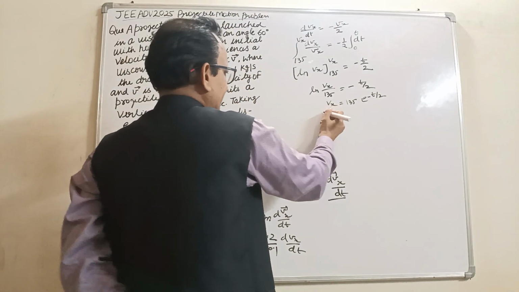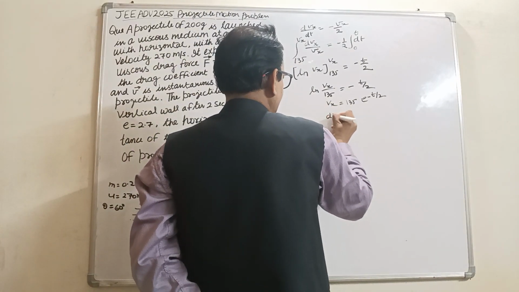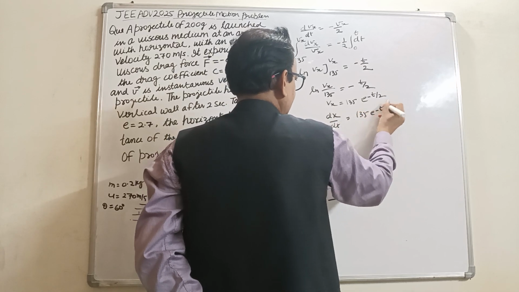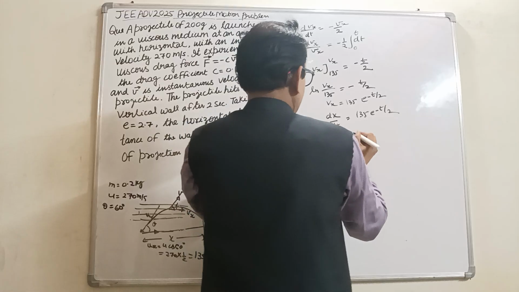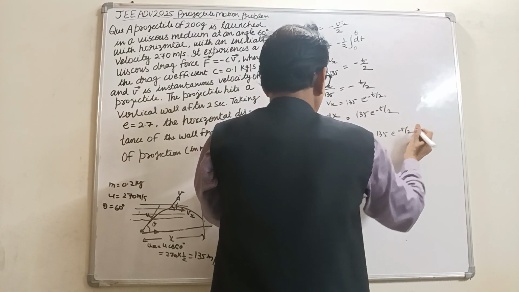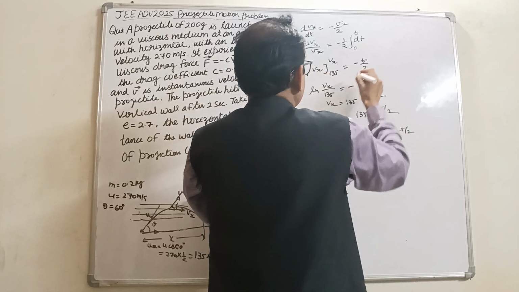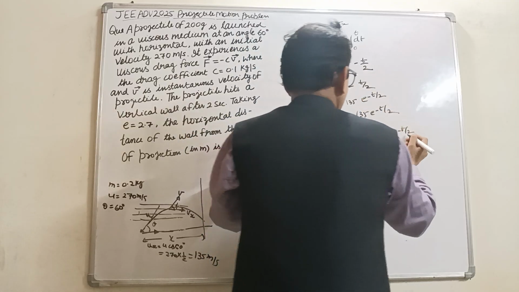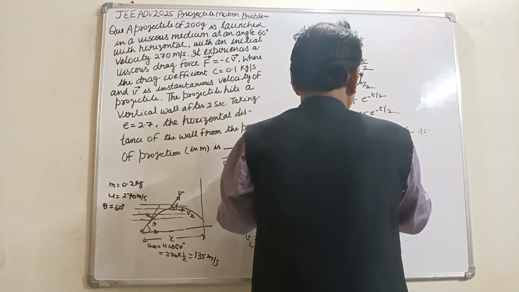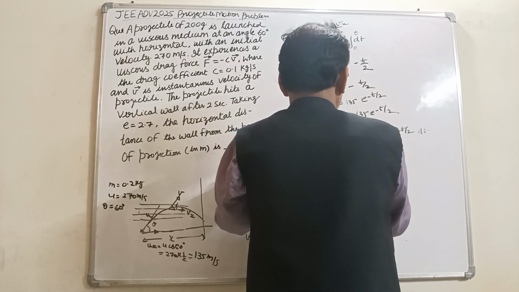On integrating again, dx over dt is equal to 135 e raised to power minus t by 2, so dx is 135 e raised to power minus t by 2 dt. The time is 0 to 2 seconds and the distance is 0 to x.